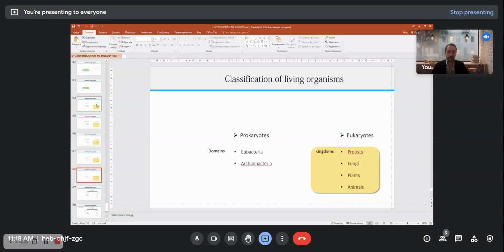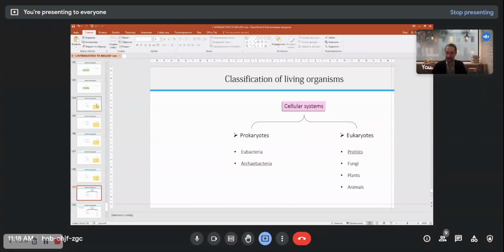And also, I want to draw your attention to one special case in the classification of living organisms, because all these organisms that belong to prokaryotes and eukaryotes can be considered together as cellular living systems.